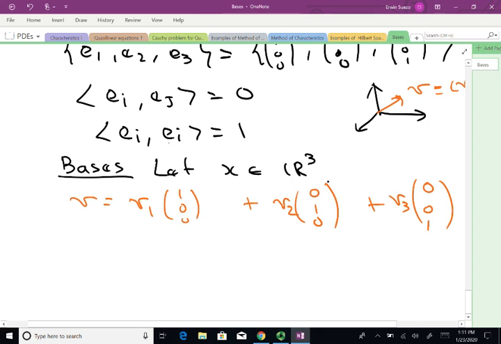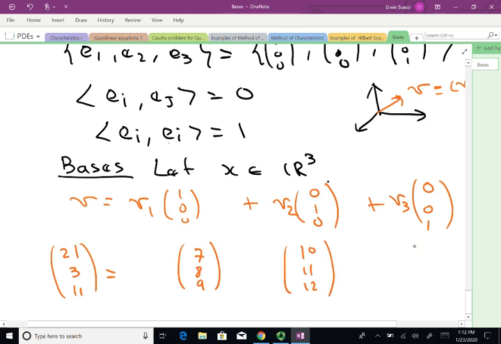Let's say you have the vector (21, 3, 11), and your basis is (7, 9, 9), (10, 11, 12), and (13, 14, 15).